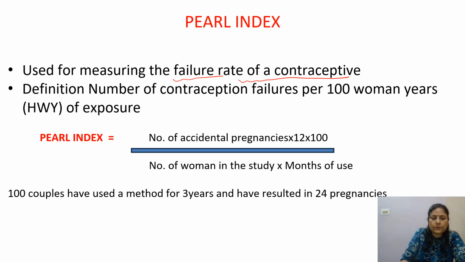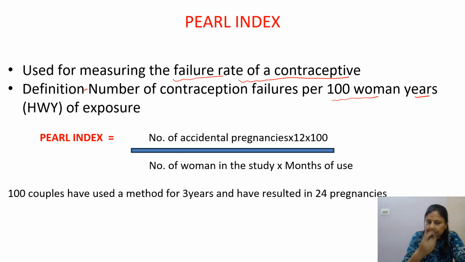According to its definition, we get the Pearl index by dividing the number of contraceptive failures per 100 women years of exposure. That is, if we study 100 women for a year, the number of contraceptive failures that occur while using the contraception is divided by the number of total women studied and the months of use, and this will give the Pearl index.